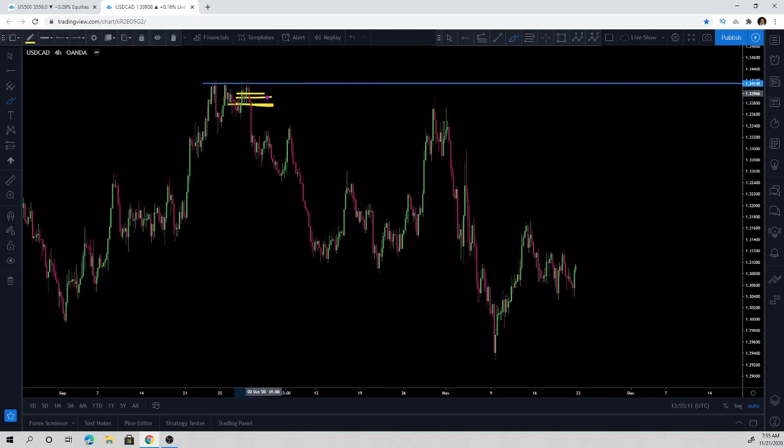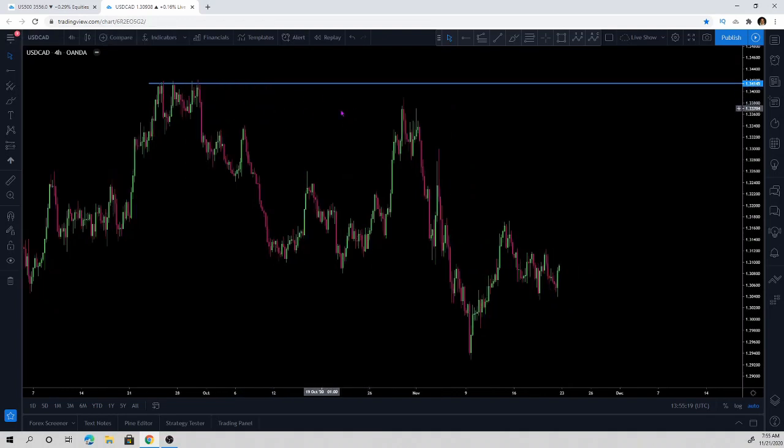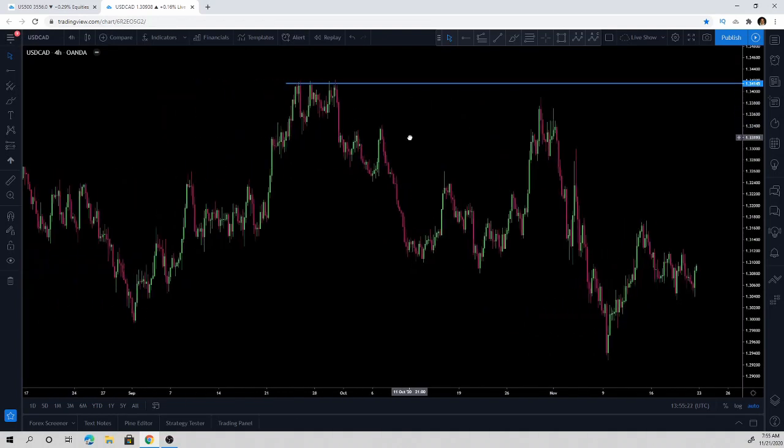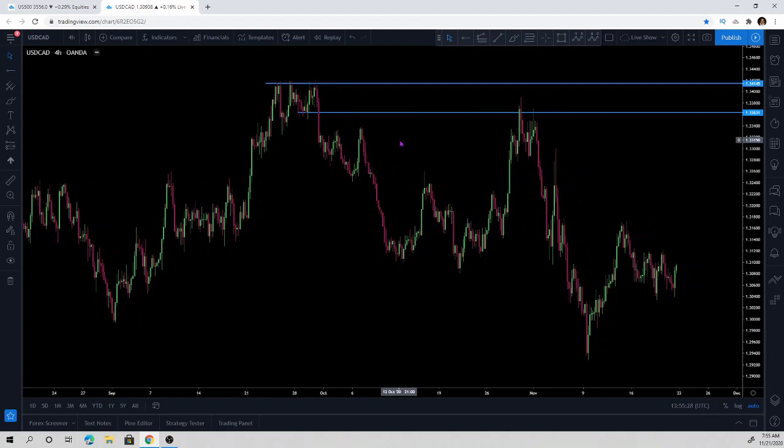There's going to be a lot of sell orders all throughout this zone of resistance. So you need to pinpoint the correct low of the area on this particular zone of resistance, and that would be these lows, right? And this is your zone of resistance.